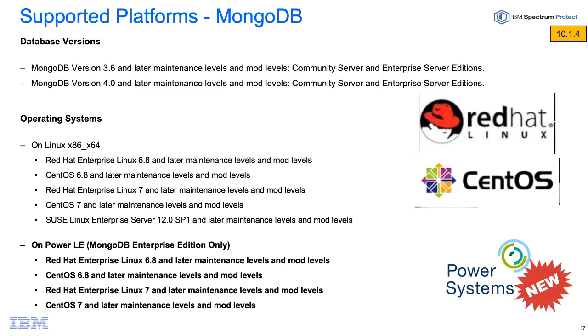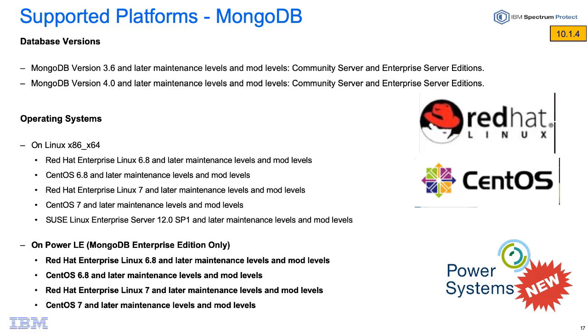As you can see from the bottom there, that includes Red Hat Enterprise Linux 6.8, CentOS 6.8, Red Hat Enterprise Linux 7, and CentOS 7. Now I do want to point out that the versions of Mongo that we support have not changed, 3.6 and 4.0, but for the PowerLE versions, we are going to support the MongoDB Enterprise Edition only.